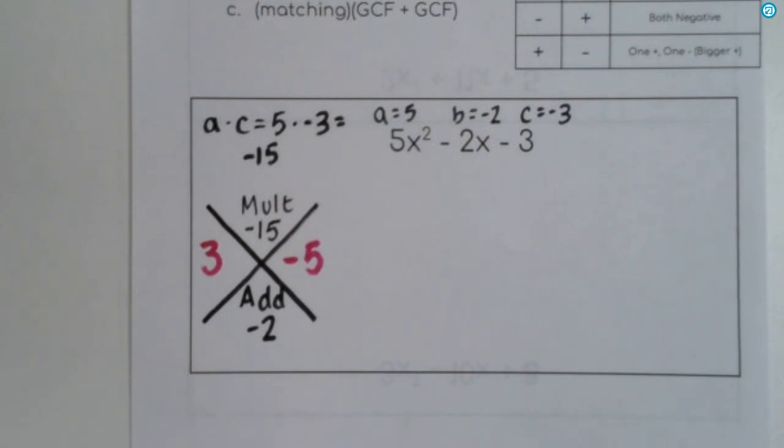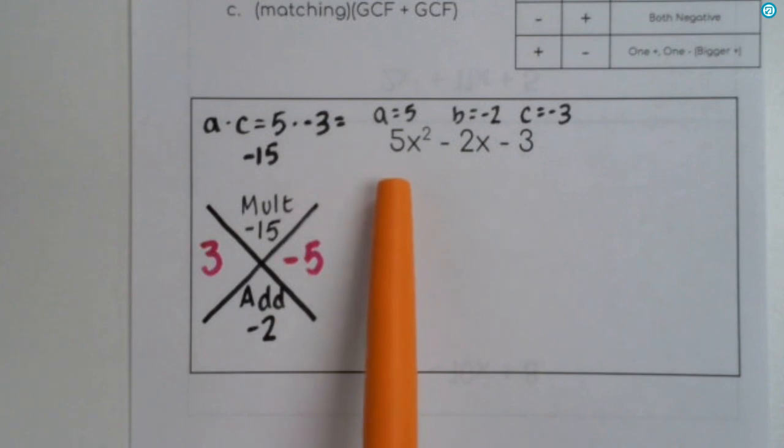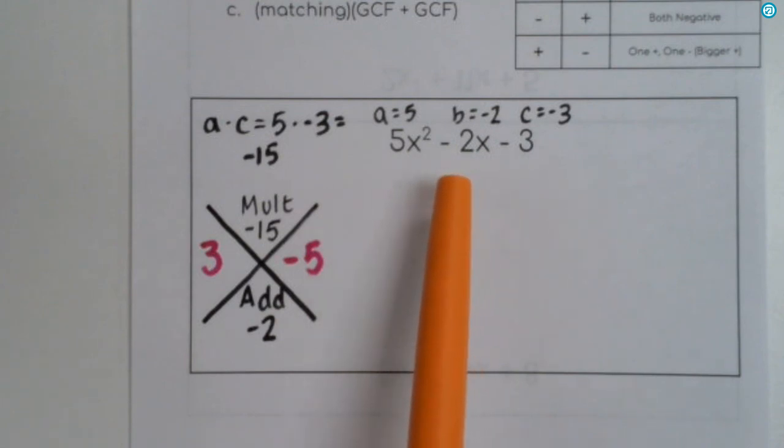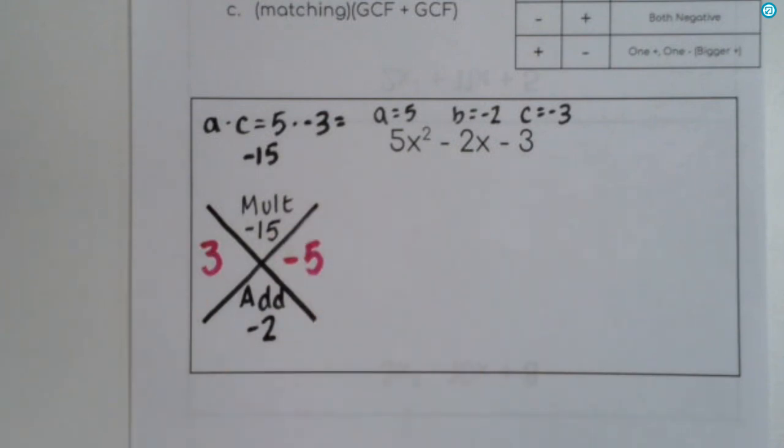Okay, step 3 is to split up our middle term. Right here, I've got 5x squared minus 2x. We're going to split up this minus 2x using these two numbers we just found. We have to do this strategically so that we can then use factor by grouping.